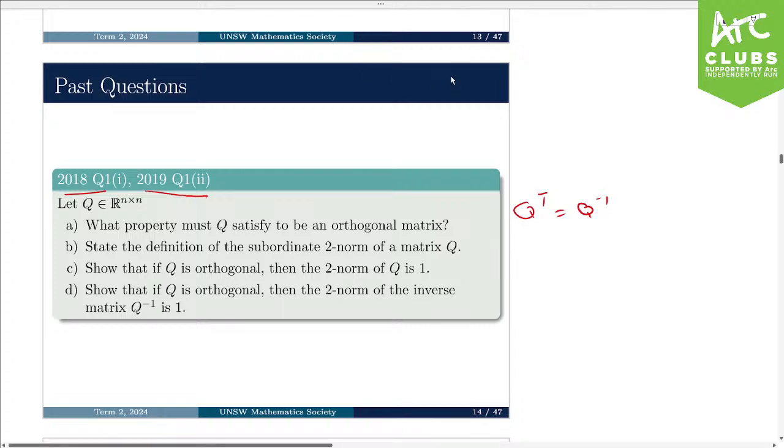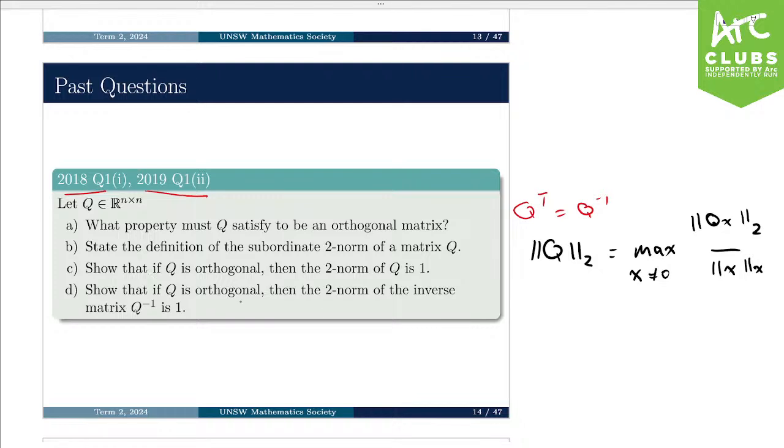So we have the 2 norm of Q is max over non-zero x of the 2 norm of the vector Qx over the 2 norm of the vector x.